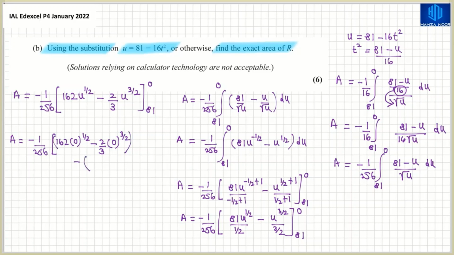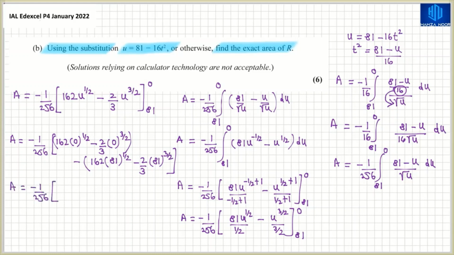Okay, I'm continuing the working in the next line and we open a new bracket. Okay, and 162 times 81 raised to the power half minus 2 over 3 times 81 raised to the power 3 over 2. Okay, so now we can say that area is equals to minus 1 divided by 256.